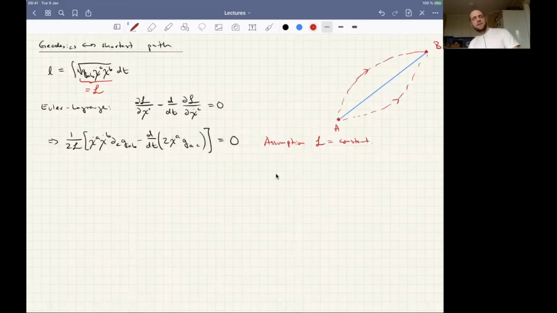And that just means that regardless of what curve I have, I can reparameterize it in such a way that the tangent vector has constant length. It's still going to have the same length, but it's just a reparameterization of the curve. So that has allowed me to pull L out of this time derivative, essentially.